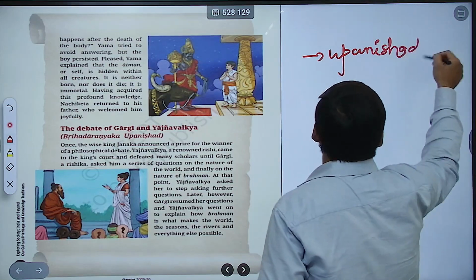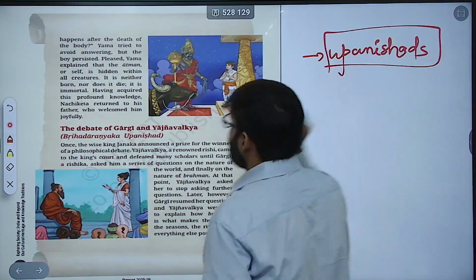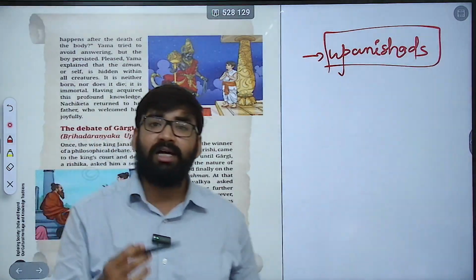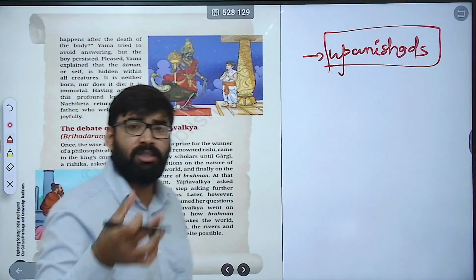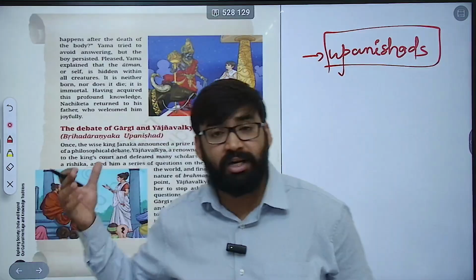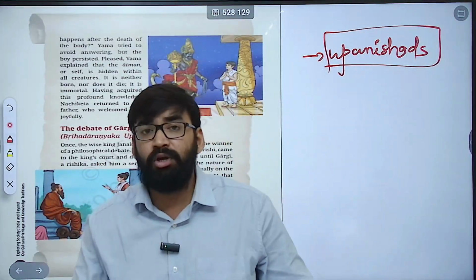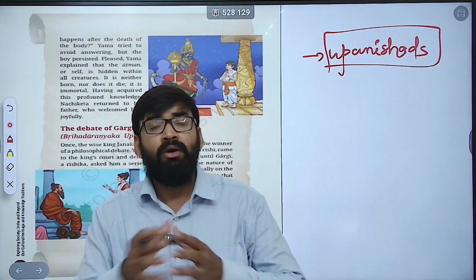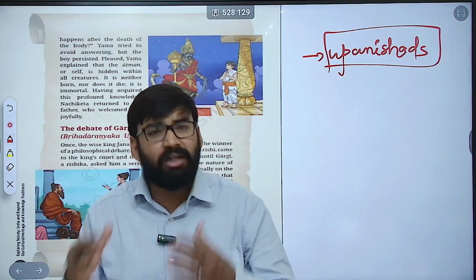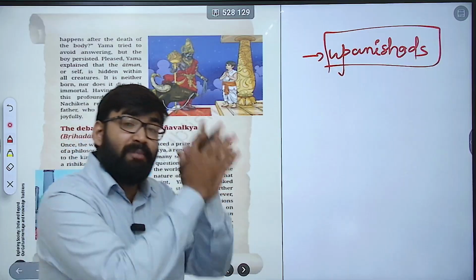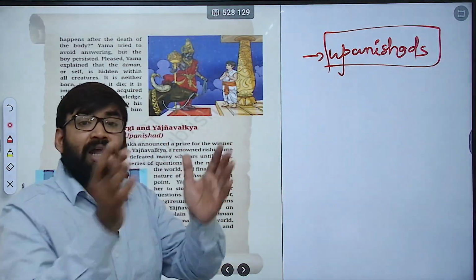Now the best part here is, in your advanced classes, we used to discuss various parables and stories with respect to the Upanishads, like the story of Yam and Nachiket, the story of Gargi and Yagnavalkya. All these stories we used to discuss in our classroom sessions, but this time they have mentioned these stories in class 6 NCERT.